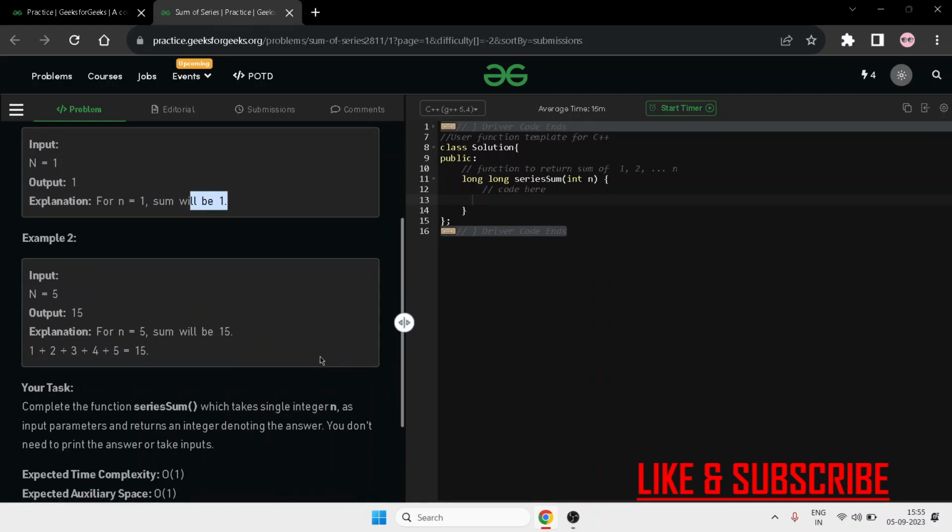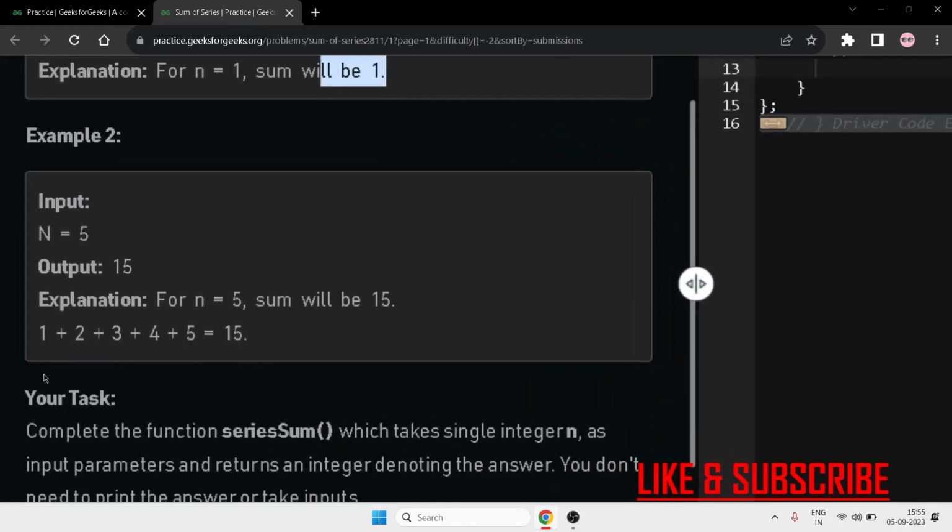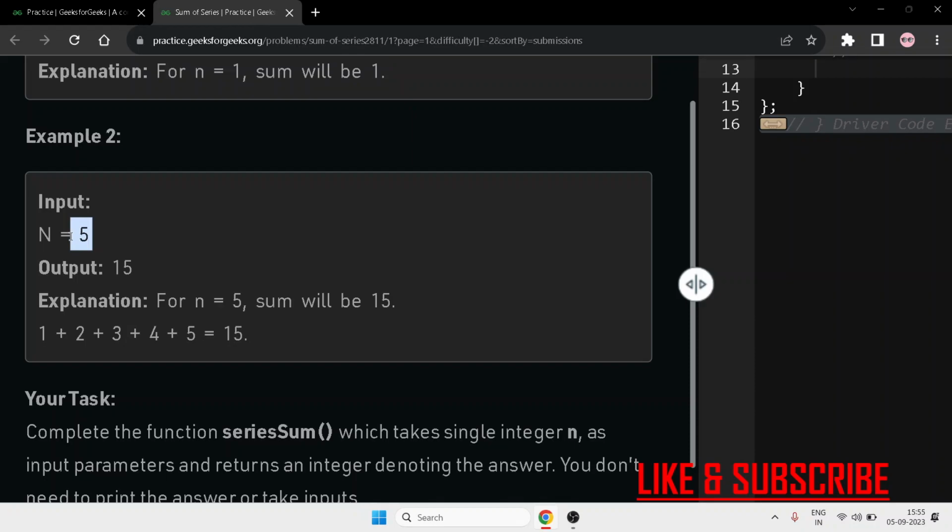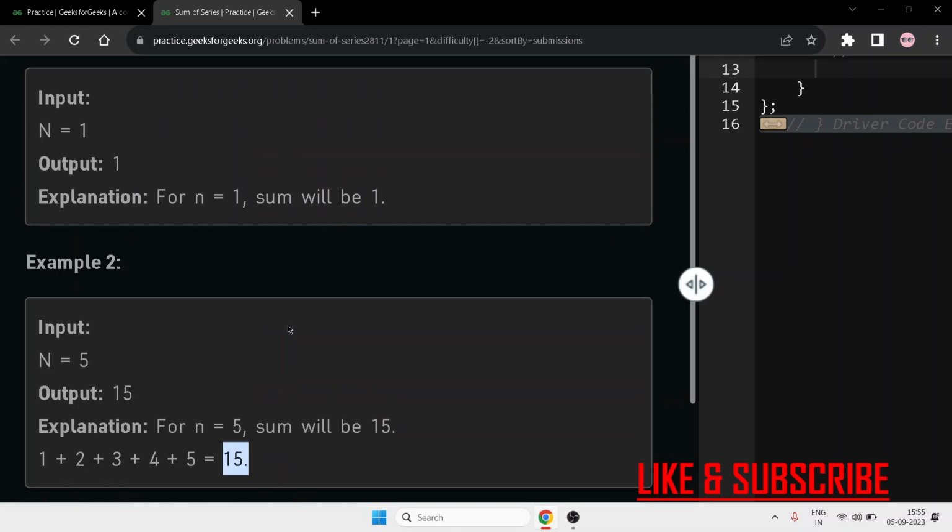Which digit should I add? Nothing, only 1 is there, so the answer will be 1. But here, the value of n is 5, so there are 5 digits, and we will add them: 1 plus 2 plus 3 plus 4 plus 5. Now my output will be 15. I hope you understood both of these examples.